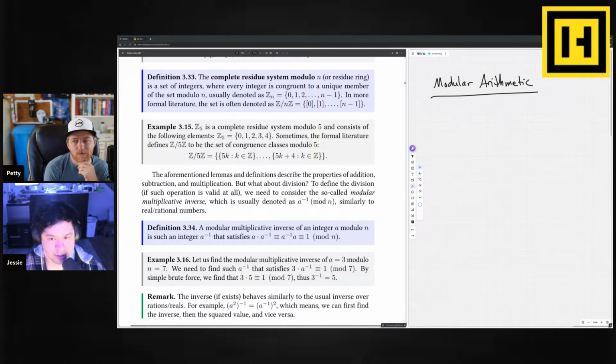Is it the generator that is multiplicatively divisible into that field? I don't know. I never spent much time in modular arithmetic. Neither did I. I don't know the language of it.